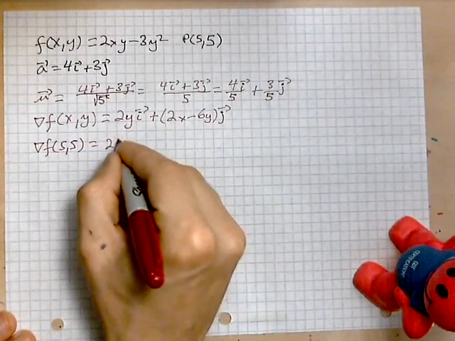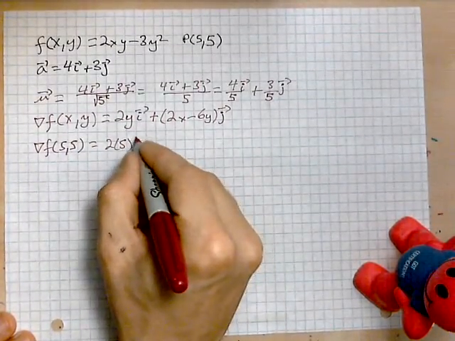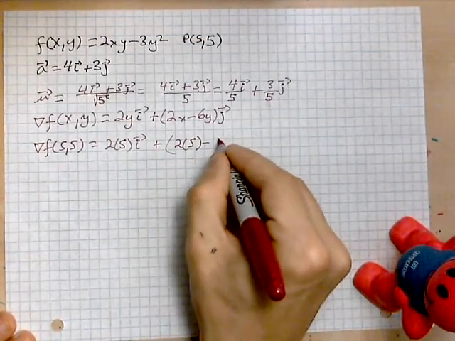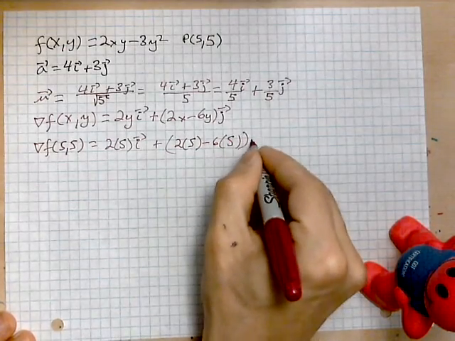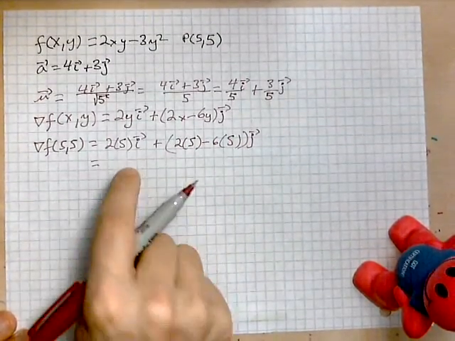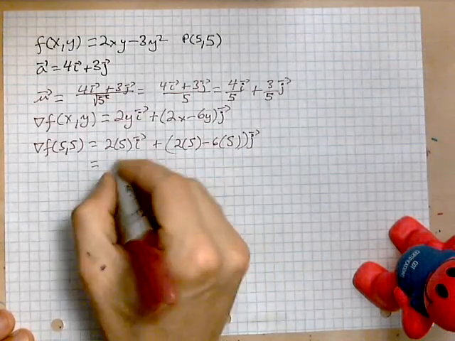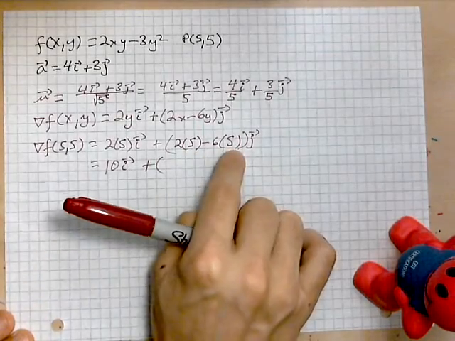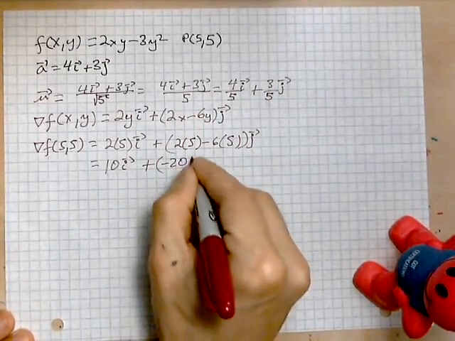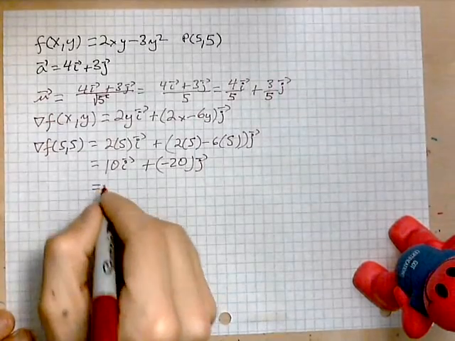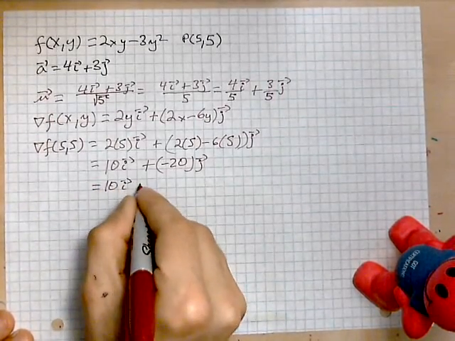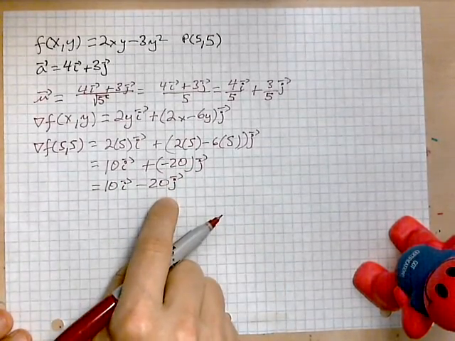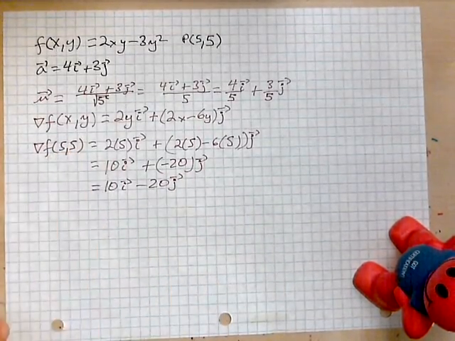What we have is 2 times 5 i plus 2 times 5 minus 6 times 5 j. Now simplify this: 10i plus, 2 times 5 is 10, 10 minus 30 is negative 20. So it's negative 20j, which means now we have 10i minus 20j. This is the value of the gradient at the point (5, 5).